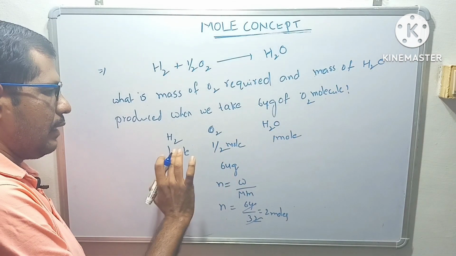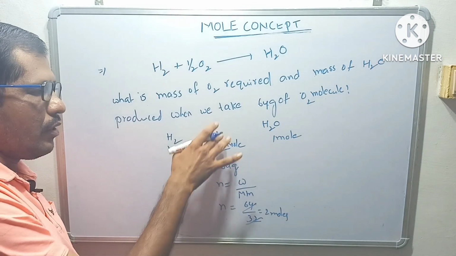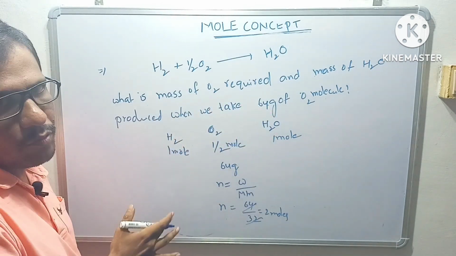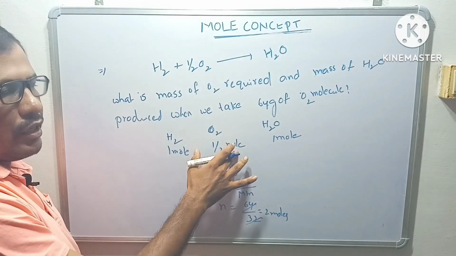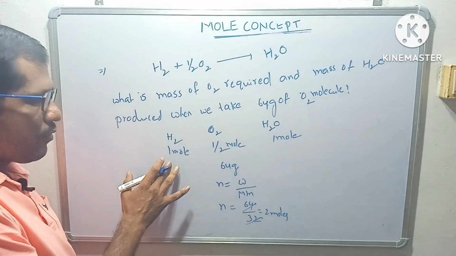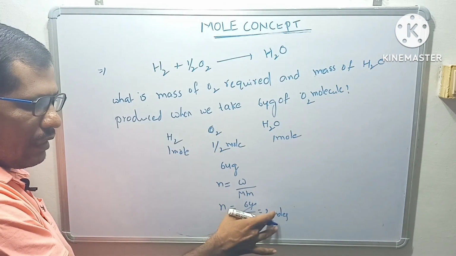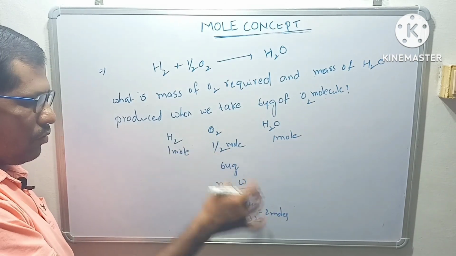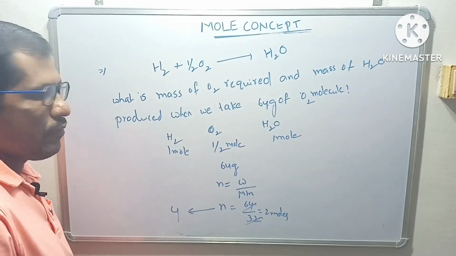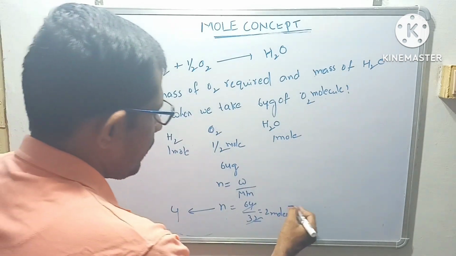So now he has given the oxygen moles in the question. We need to relate the oxygen moles with hydrogen moles and H2O moles, right? As per the chemical equation, for half mole of oxygen, 1 mole of hydrogen is required. So here it is getting doubled. For 2 moles of oxygen, 4 moles of H2 will be required.